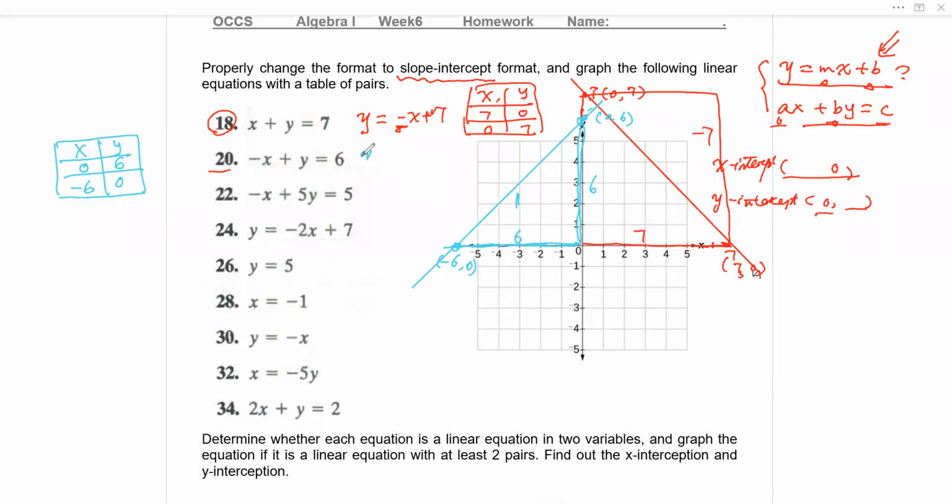You can also transform here: y equals x plus 6. The slope is the 1 in front of x, the coefficient of x. So the slope would be 1. That's good. Any questions?